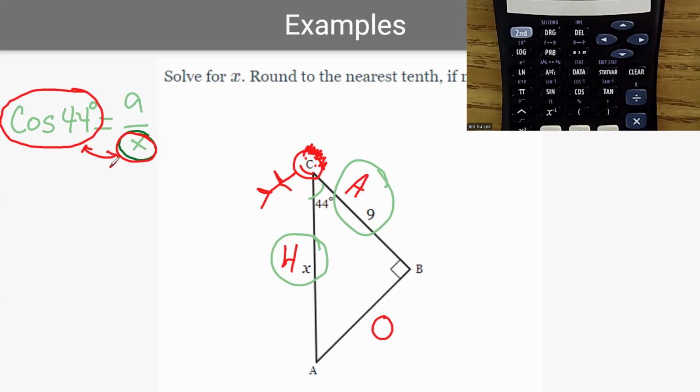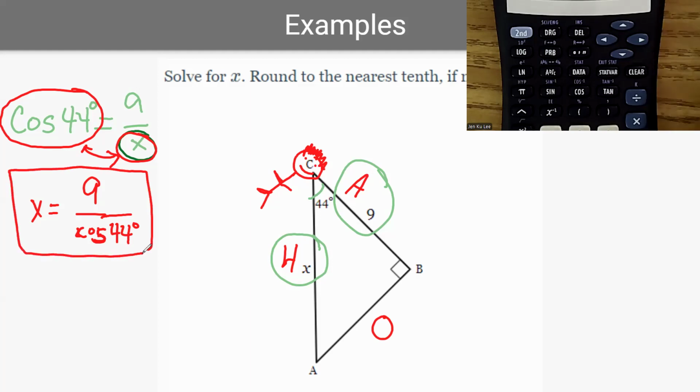Switch positions. So x is going to equal 9 over cosine of 44 degrees. So that's my answer without the calculator.